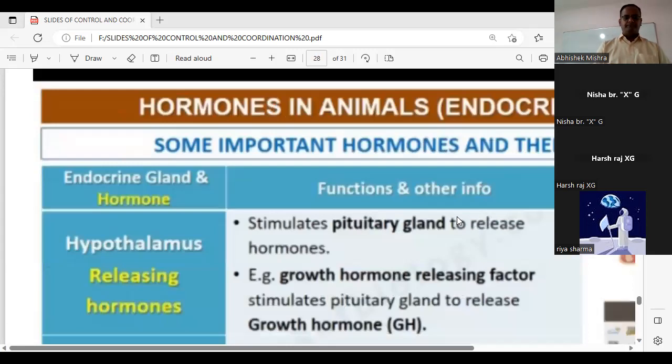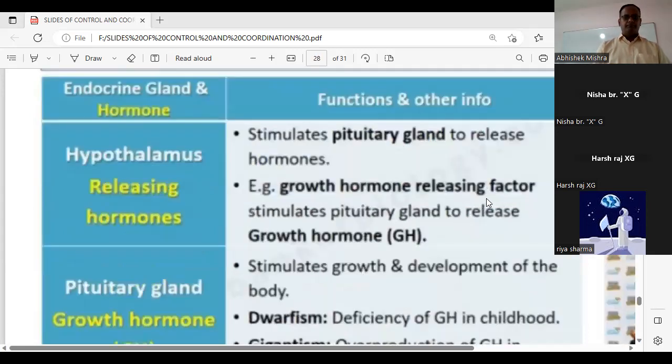The hypothalamus secretes releasing hormone, and what is the function of this releasing hormone? It stimulates the pituitary gland to release hormone.